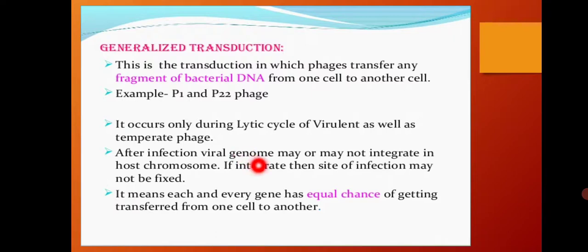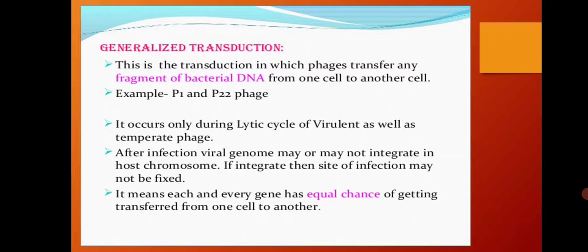After infection, the viral genome may or may not integrate in the host chromosome. When a phage infects the bacterial cell, the phage genome may or may not integrate with the host chromosome. In specialized transduction it is fixed that the phage genome integrates with the bacterial genome.